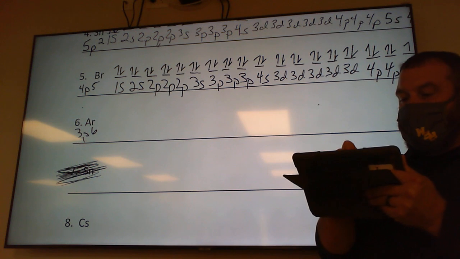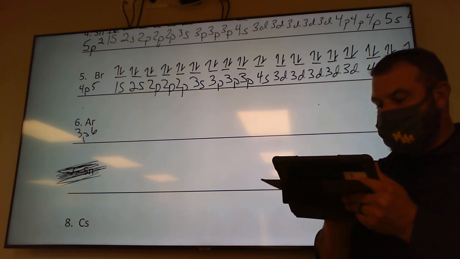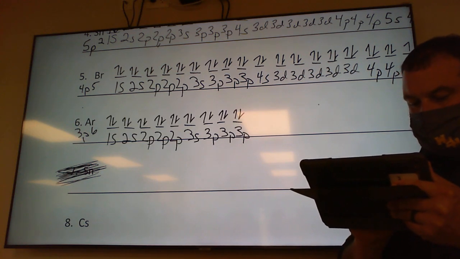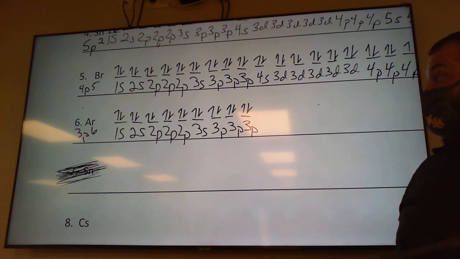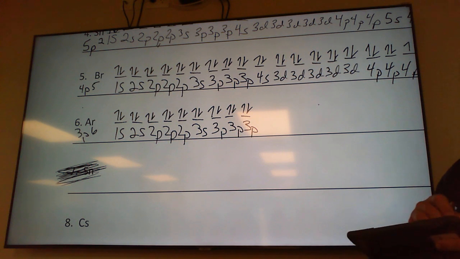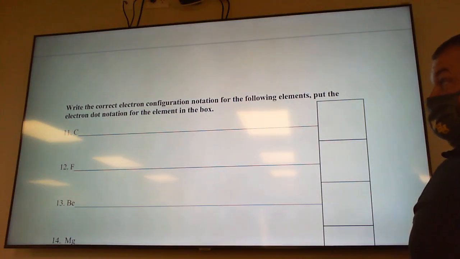I already have a configuration that goes out to 3p6. So all I would have to do is that. Okay?